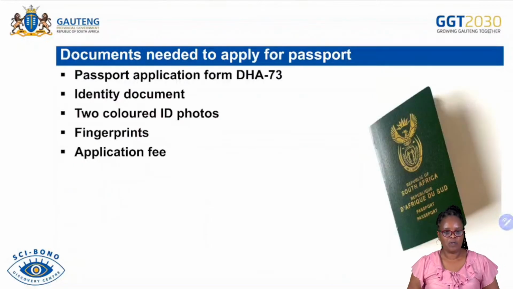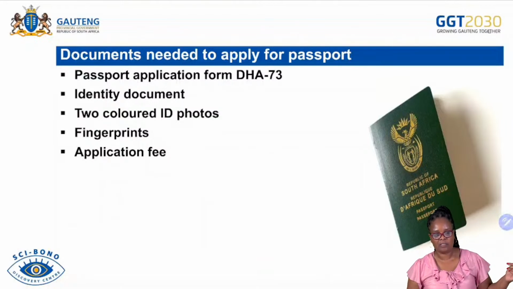Let's look at the documents that you need to apply for this passport. Firstly, you'll have to complete an application form. That application form is the DHA 73. This form will have all the information that we have talked about in the previous slide.